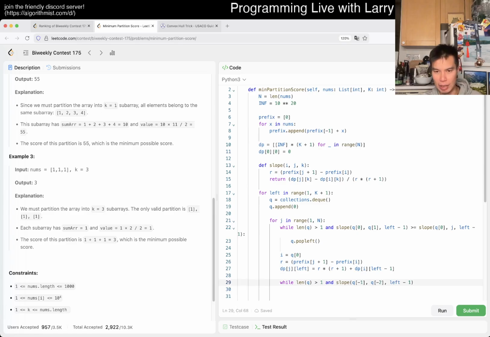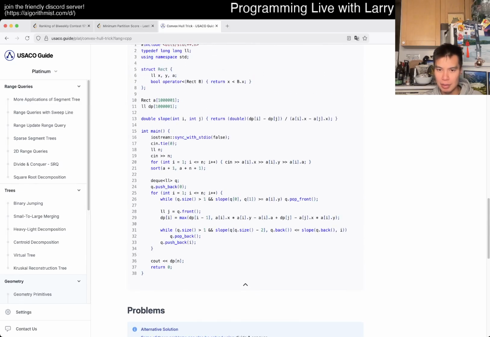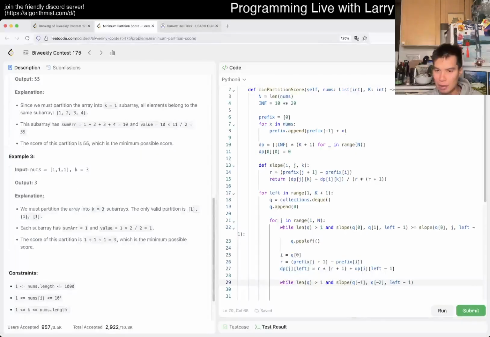That's what I was thinking of actually at some point. I think I got very confused by all this. All right, let's give it a try. I'm not quite sure. Actually, they have it here, so maybe I was kind of on the right track. I just got confused by this portion.